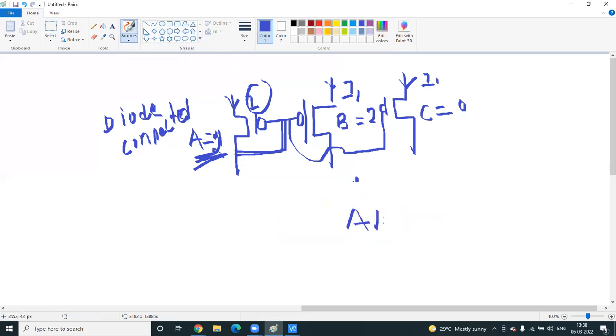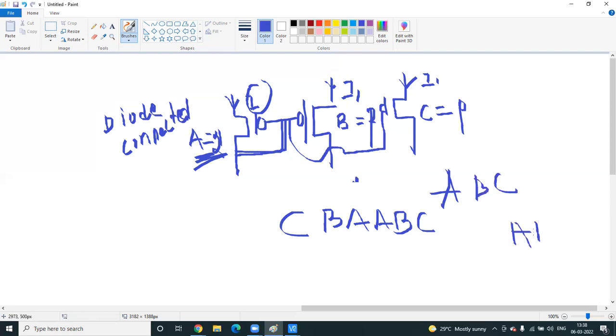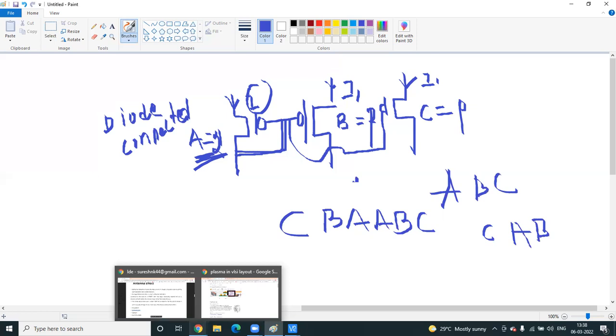Normal matching you can also do like this. Some books have interdigitization, or suppose you have only A, B, C, A1, B1, C. That time also you can go A, B, C like this. But if you place it in the center, that will be good. So don't say it comes under one or the other. Sometimes you follow interdigitization, sometimes normal matching. Either way, a direct connected device you have to place in the center.